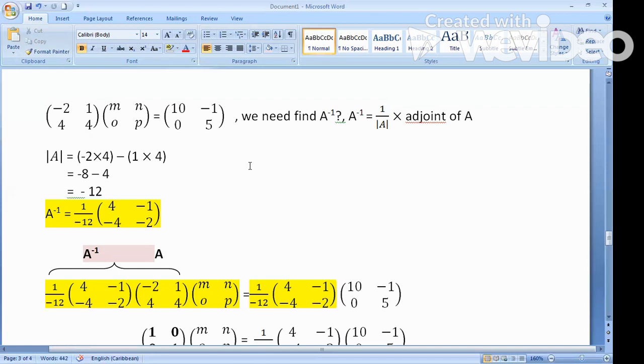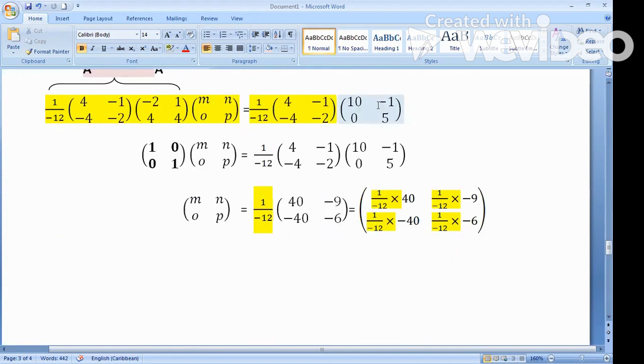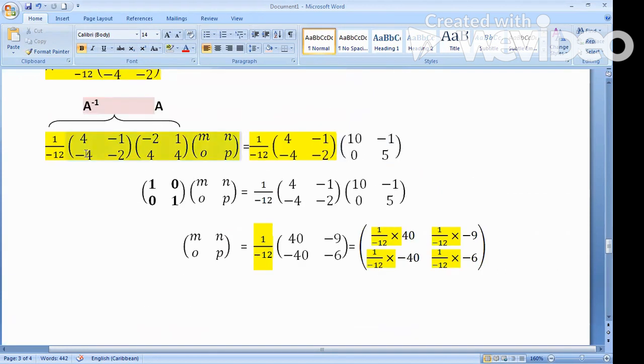Let me know when you finish, because I don't think persons would have finished the bottom part yet.